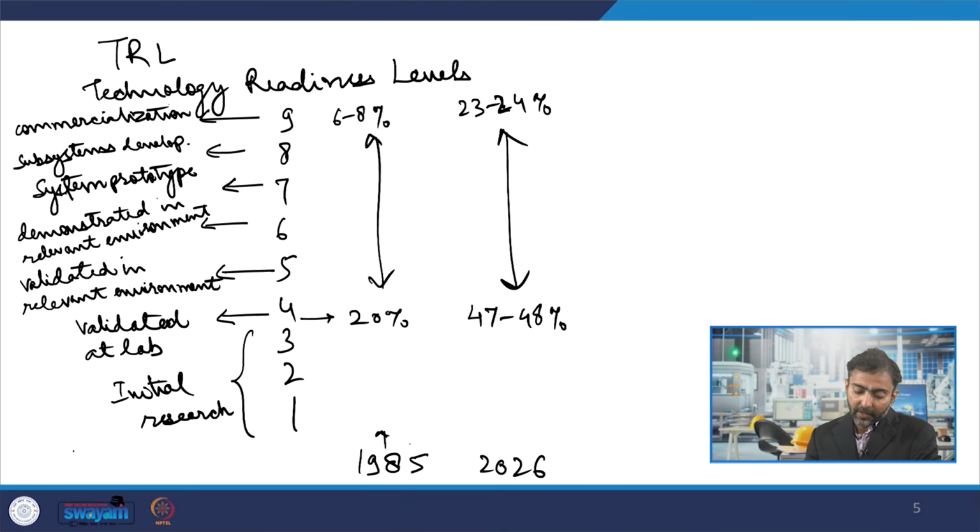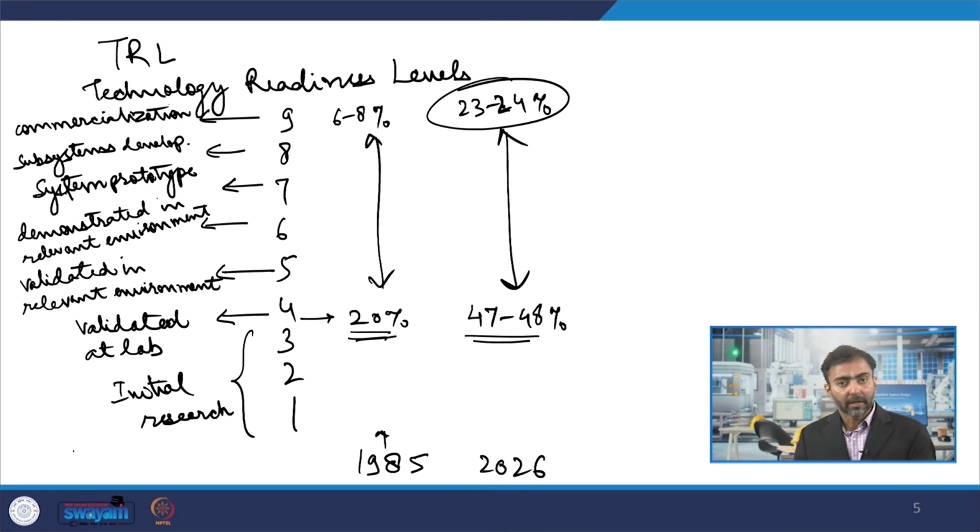So in 1985, that was the efficiency achieved at the lab level, and today we have much higher efficiencies at the lab level. However, commercially available panels are around 23 to 24% efficiency. So that is a little bit of the history of the solar PV evolution. And with this efficiency also, currently solar PV is one of the mainstream sources.